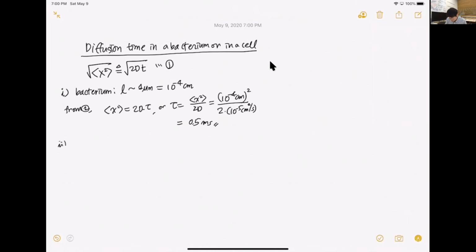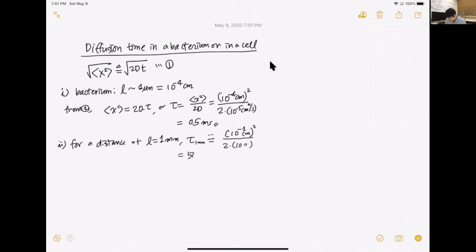Second, take the example of a distance of L equals 1 millimeter. 1 millimeter is tiny, but for cellular aspects, it can be pretty big. Let's compute tau for 1 millimeter the same way: 1 millimeter is 10 to the minus 1 centimeter, squared, over 2 times the diffusion coefficient. And guess what will happen?